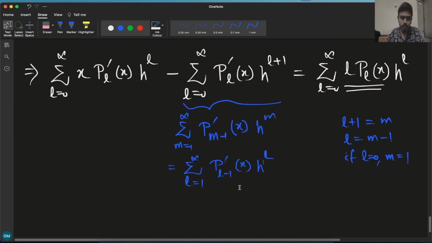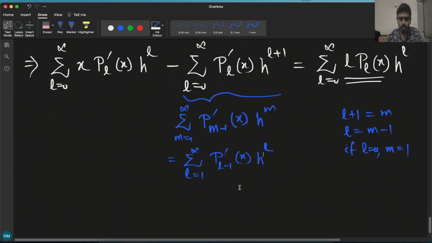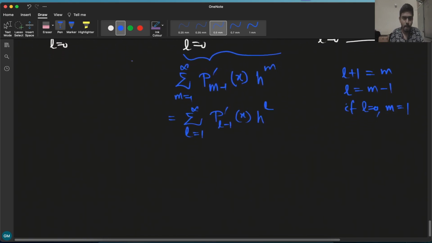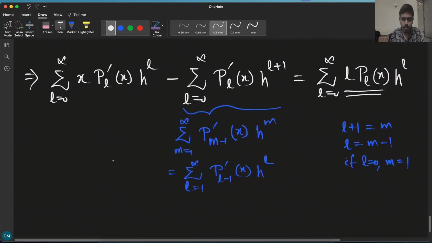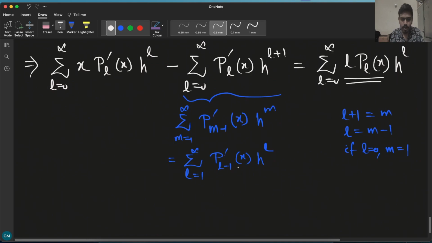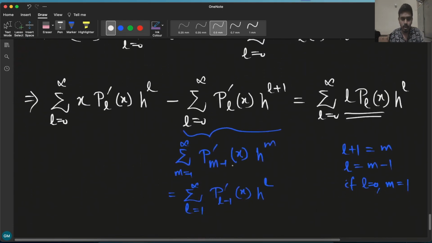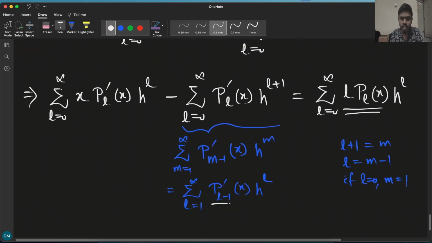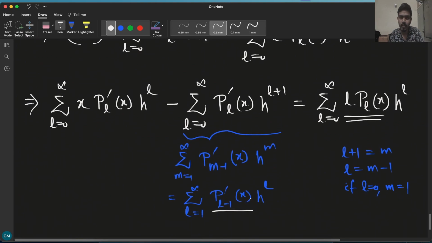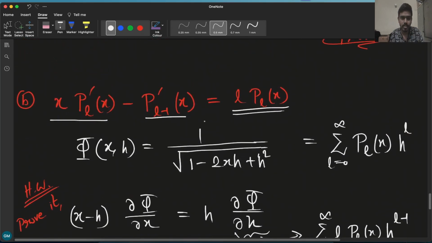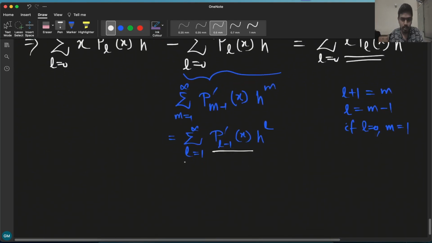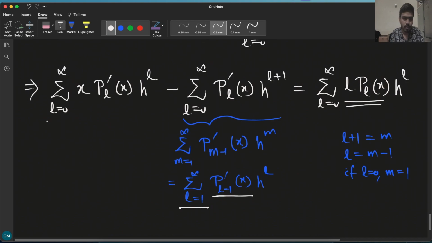Okay, so basically, as a coefficient of h to the power L, I got this p dash L minus 1 x. But this series is starting from L equals 1, and here this series is starting from L equals 0, and this one is also starting from L equals 0, right?